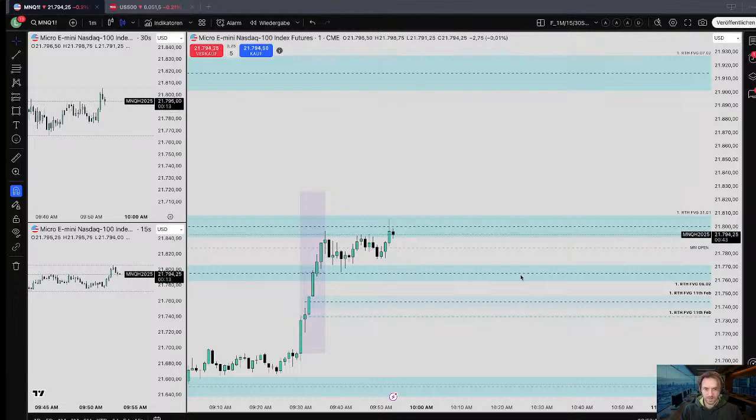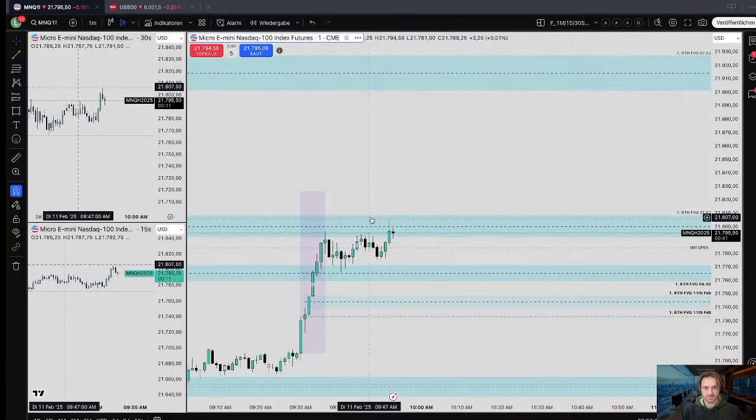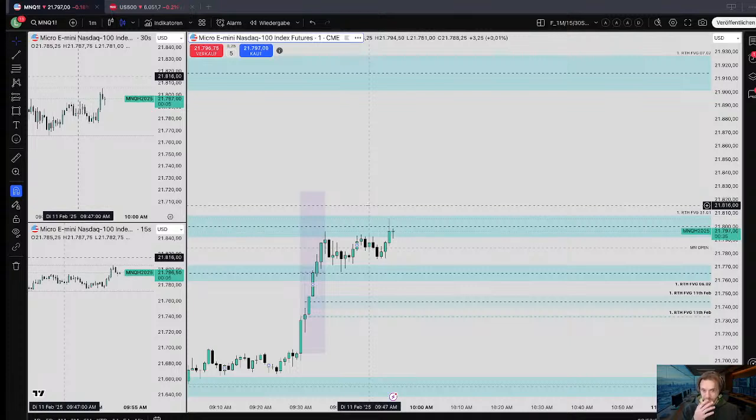Again, it's respecting this level, right? It's not really shooting above it inside the macro. So normally the macro is the perfect excuse for a run above highs, but I don't feel like it will happen today.